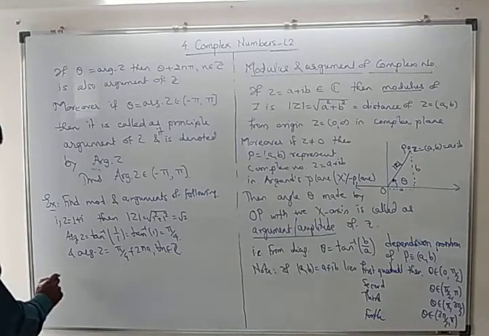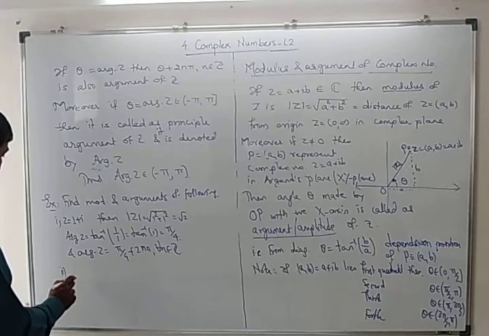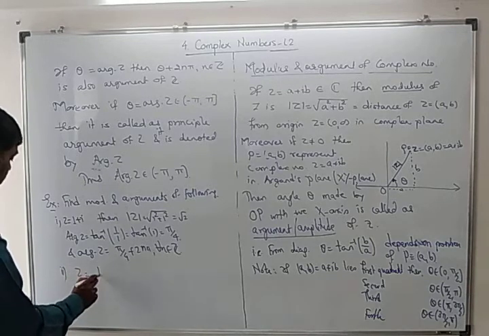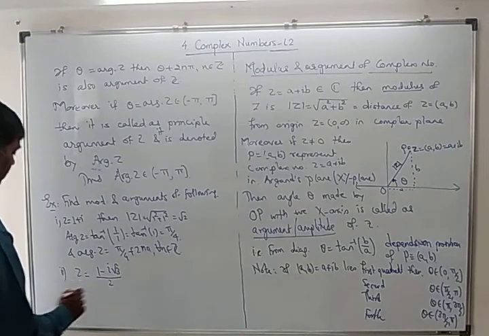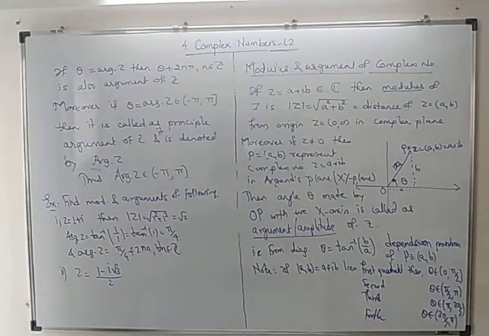Secondly, if I take z equal to 1 by 2 minus i root 3 by 2, where does this complex number lie?